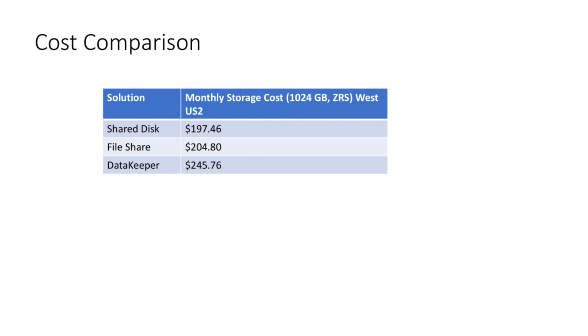Now, Datakeeper is going to be slightly more expensive in terms of your storage cost because you're actually provisioning 2 terabytes of storage. But again, it's locally redundant storage, not zone redundant storage. So you're looking at about $245 for a terabyte of storage to support a SANless solution.